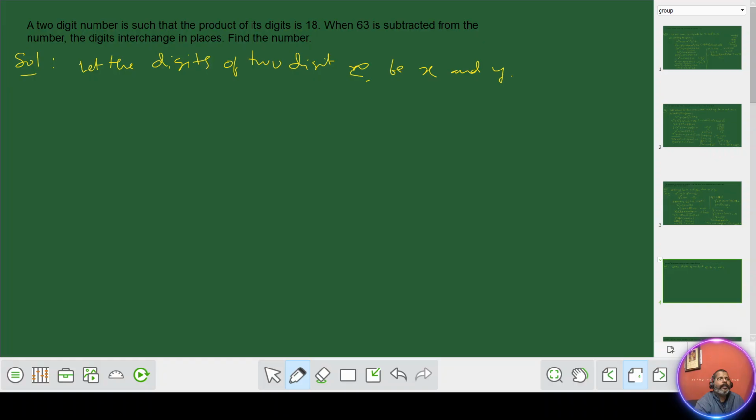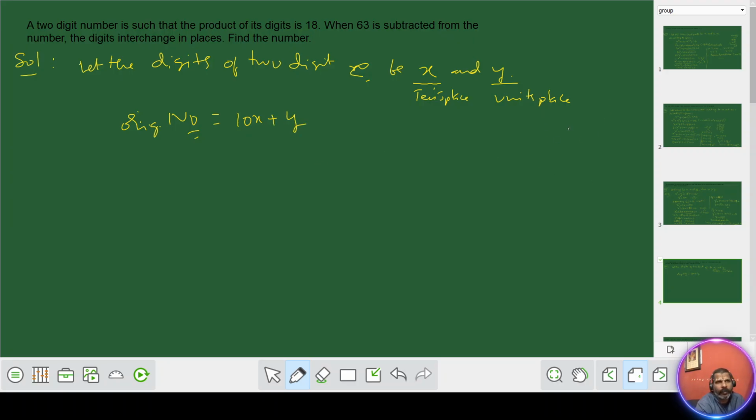See, the original number, x and y, two-digit number. We assume this x as the tens place digit and y as the units place. Therefore, the original number is equal to 10x plus y, right?